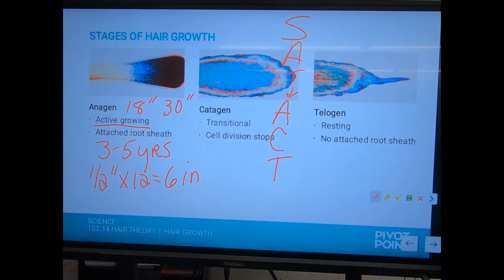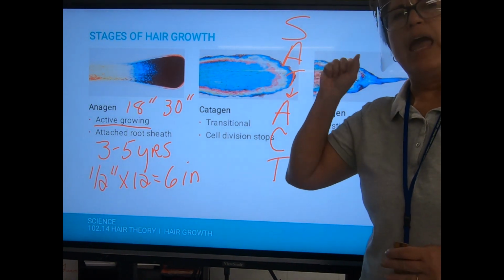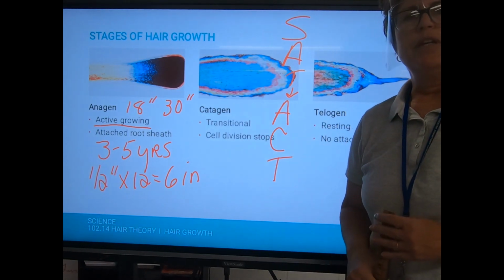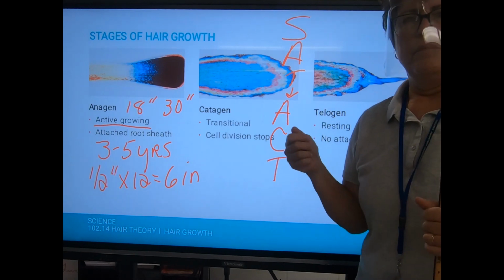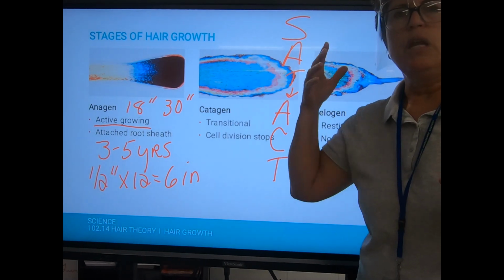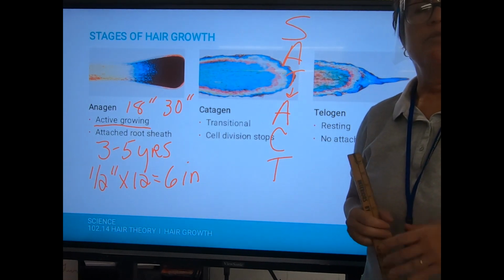Let me get my yardstick here. Okay, so I shave my head, and there's tons of videos on YouTube of people that shave their head and then take a picture every day for a year, and it's in fast motion. You can watch it over a year, over a couple minutes, grow back.